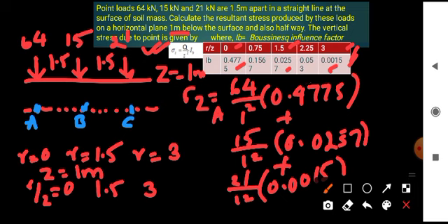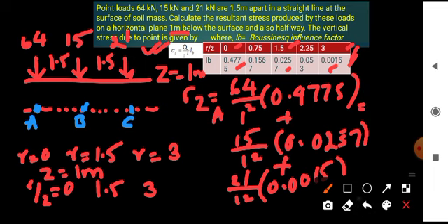I will write it somewhere here: 30.98 kilonewton per meter square. So this is the final answer for the first condition. So that is nothing but sigma ZA.